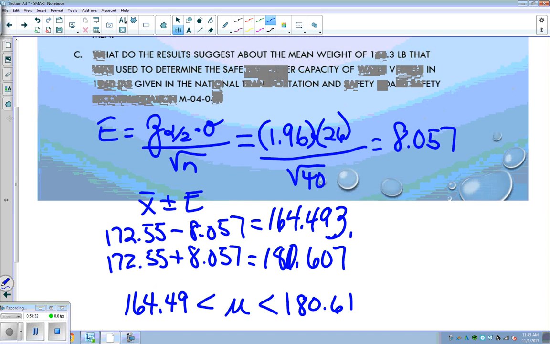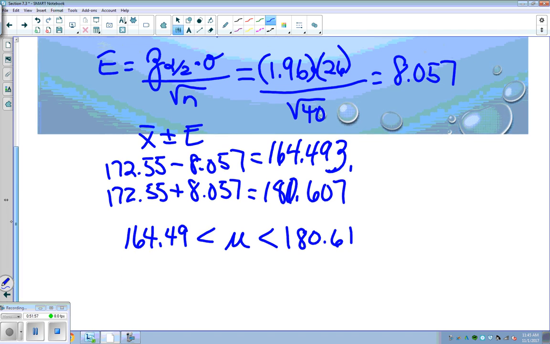And part C says, what does that result suggest about the mean weight of 166.3 pounds that was used to determine safe passenger capacity in water vessels in 1960? No longer the case.